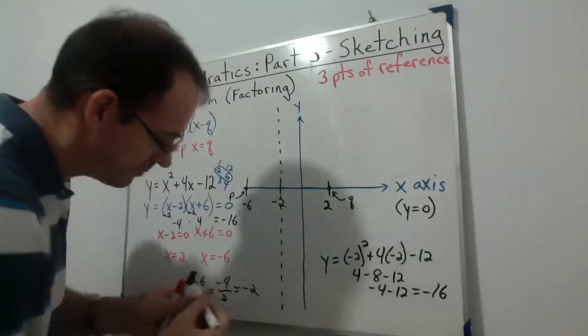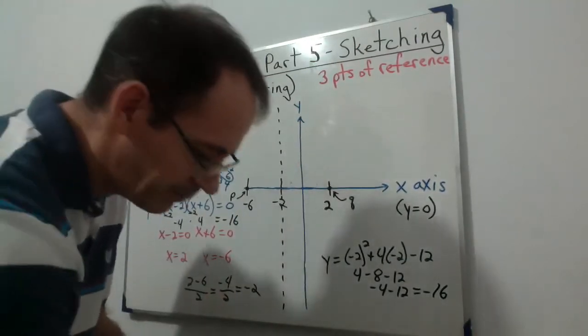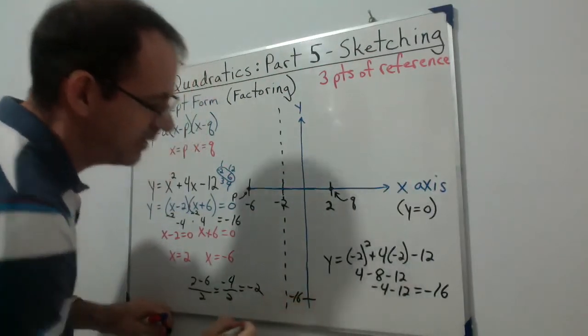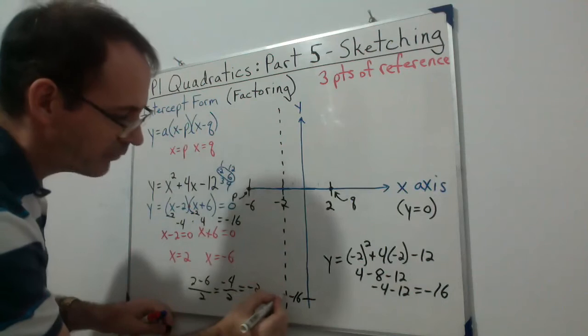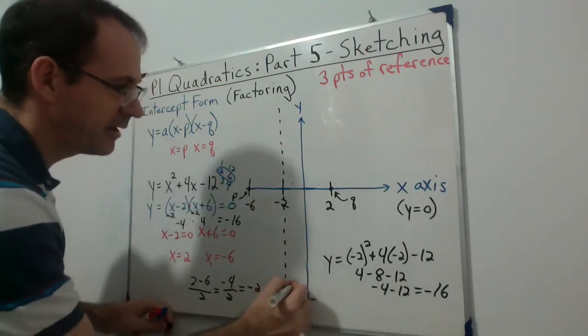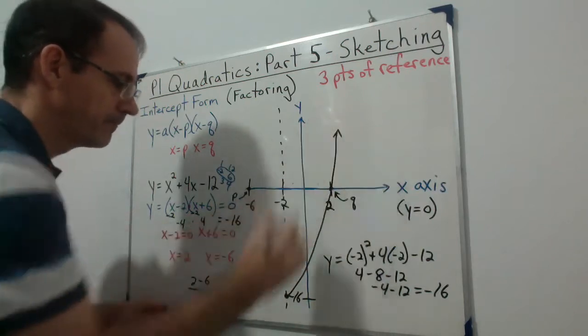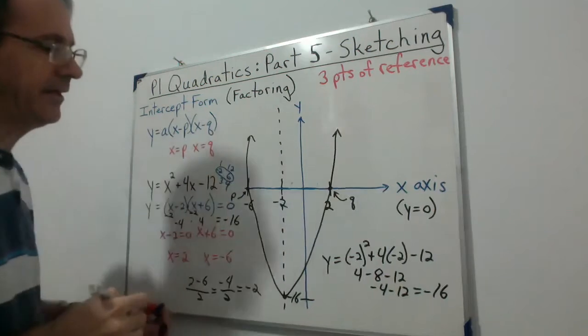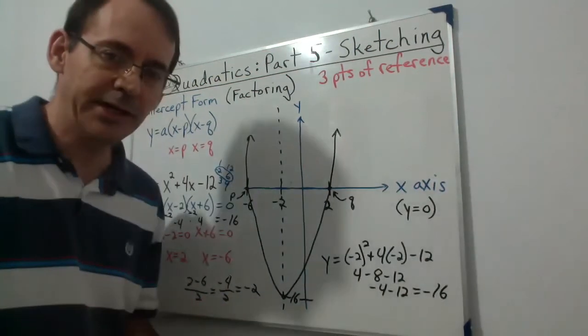So we can just come down here and put our negative 16 down here without really counting, and here is our vertex. So this is going to come up through here, and this is also going to come up through here. It doesn't have to be pretty.